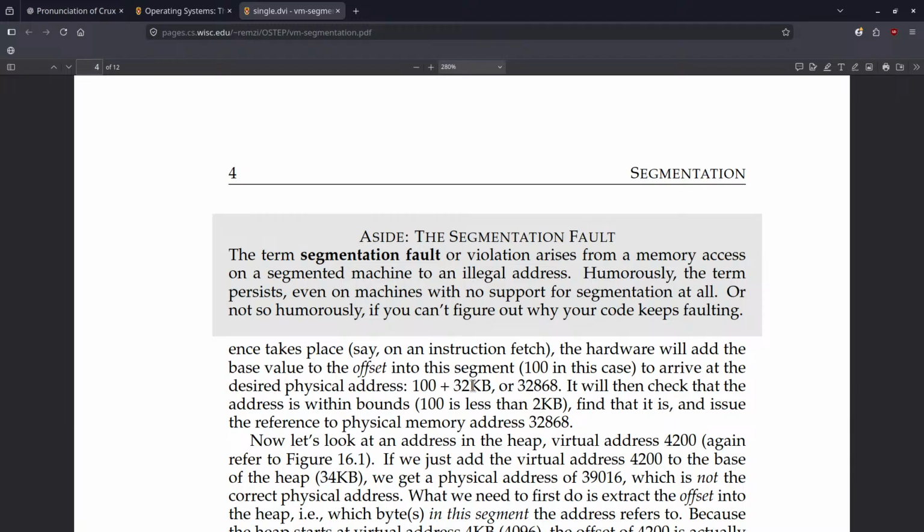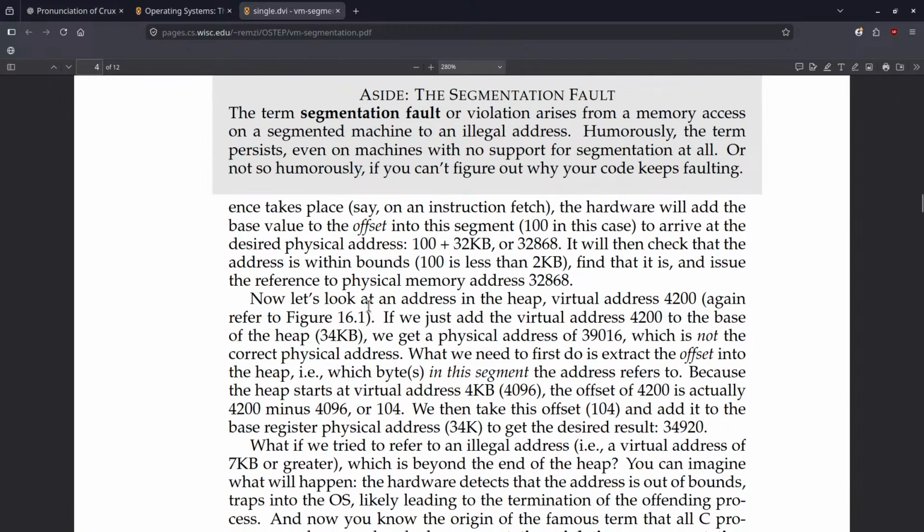It will then check the address against the bounds, find that it is within bounds, and issue the reference to the physical memory address.